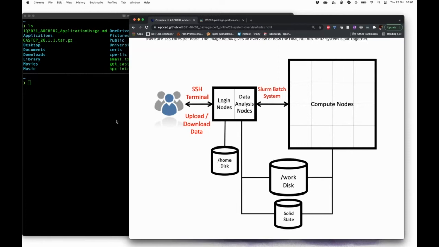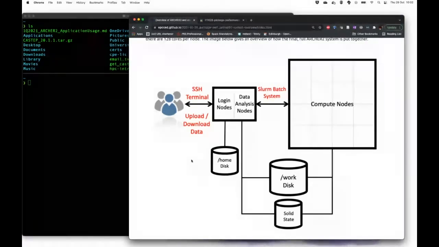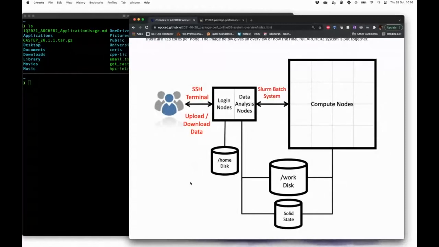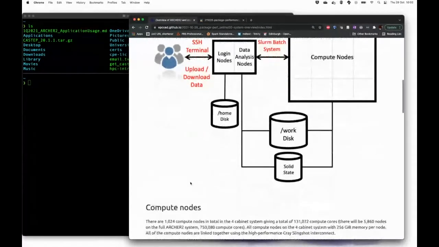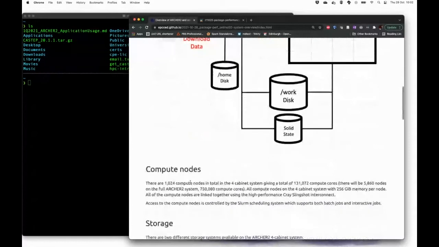But I'll make sure we highlight that at the time, and we'll put the right commands in the Etherpad, just so people have them handy. They are in the setup section in the course materials as well, but we'll worry about that when we get to it. And of course, you can download data from the login nodes to the outside world, but we're not going to do huge amounts of that today.